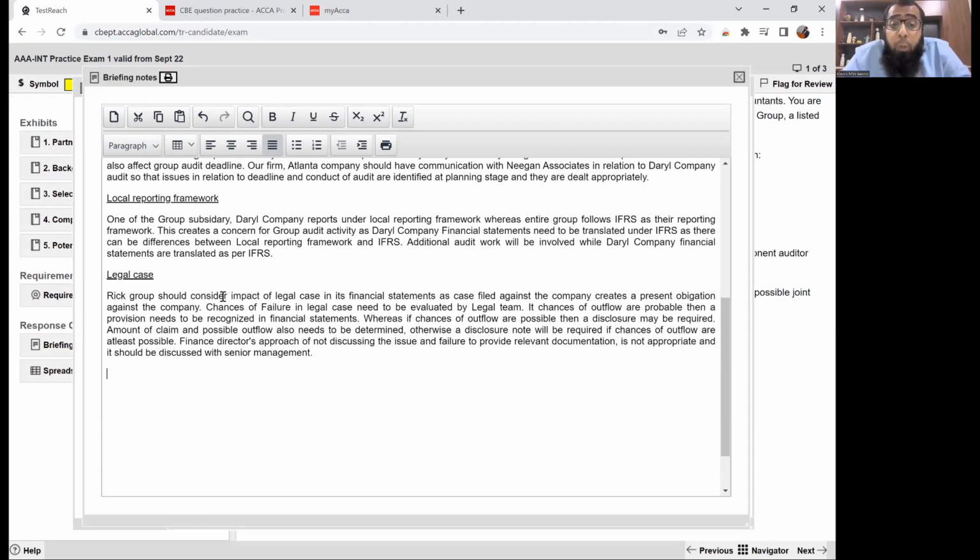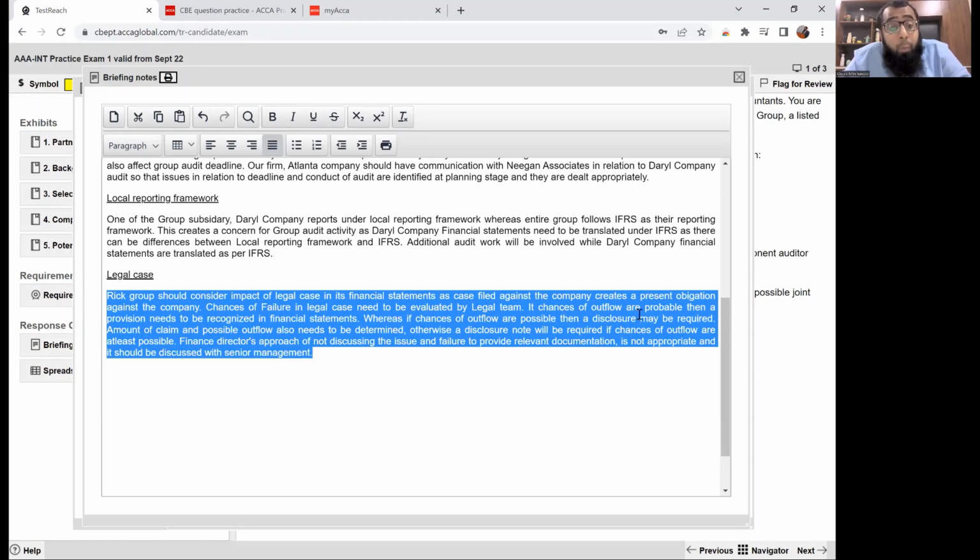So RIG Group should, as per IAS 37, consider the impact of the legal case in its financial statements, as a case filed against the company creates a present obligation. Chances of failure in the legal case need to be evaluated by the legal team. If chances of outflow are probable, then a provision needs to be recognized, whereas if chances of outflow are possible, then a disclosure may be required. The amount of the claim and possible outflow needs to be determined. Otherwise, a disclosure note will be required.